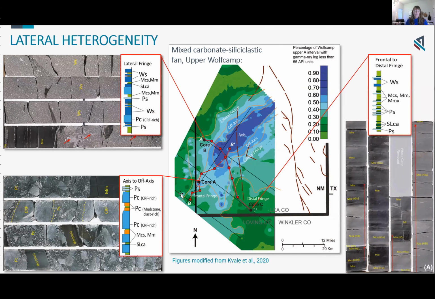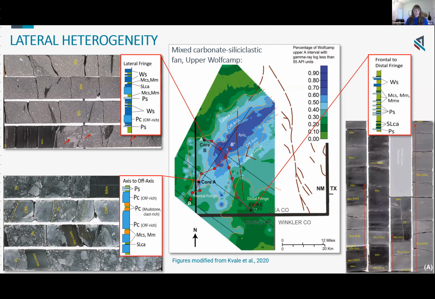Something to note, the carbonate percentage changes really quickly across the fan in this direction, but it changes a little less quickly if you're going across the fan in this direction. So something to consider: the fans won't always be nice and symmetrical. In a lot of cases, especially the carbonate ones, they can be elongate in parts of the basin, representing a point source of sediment that keeps coming in that same area, kind of being funneled in.